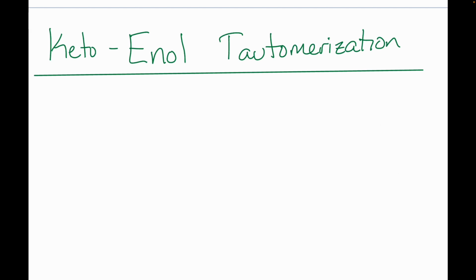I know that everybody was just like, oh yeah, tautomerizations, totally, I fully remember what those are. But just to remind us, a tautomerization is this intramolecular rearrangement of atoms.